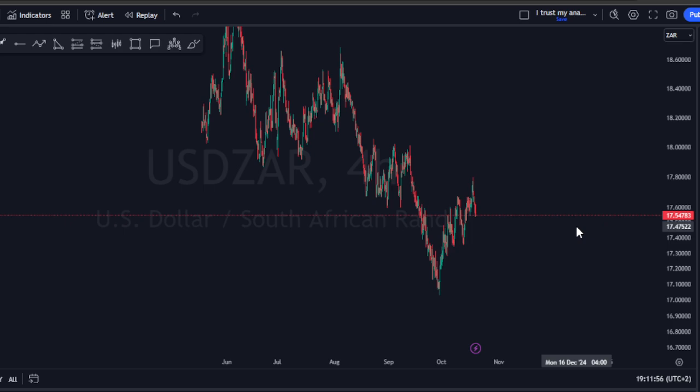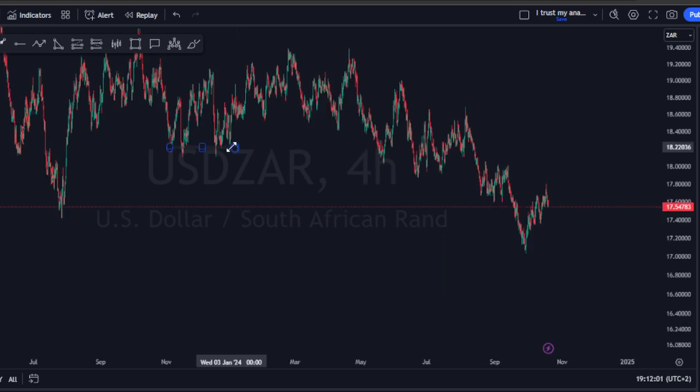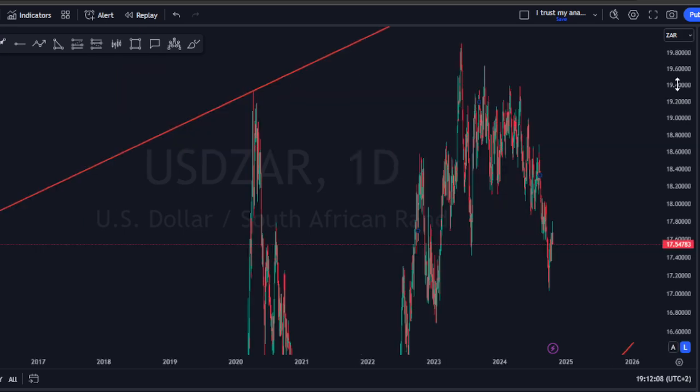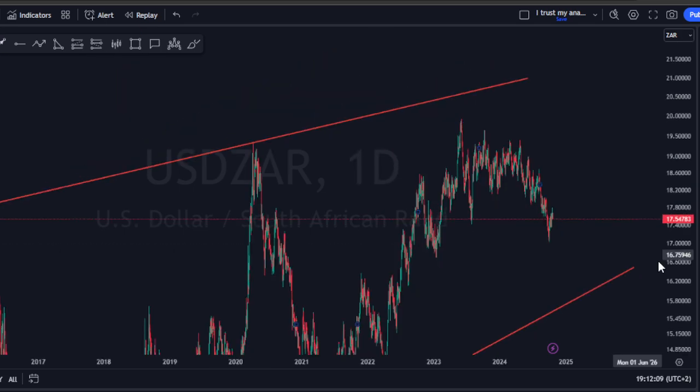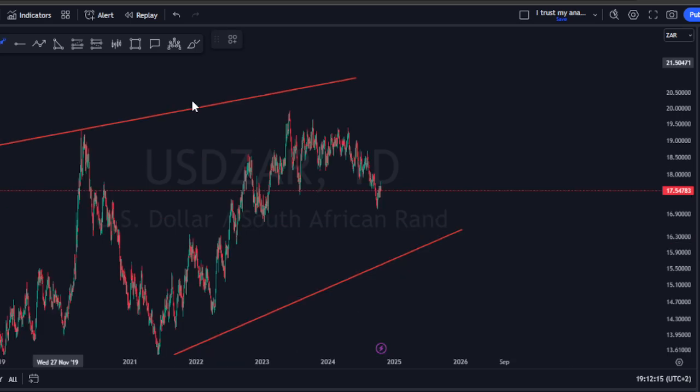So with USDZAR, ladies and gentlemen, let me just go to the daily for this one. Initially we were looking for price to reach this high. However, I still do see this, but it seems it's going to take a bit longer than anticipated, which is fine.